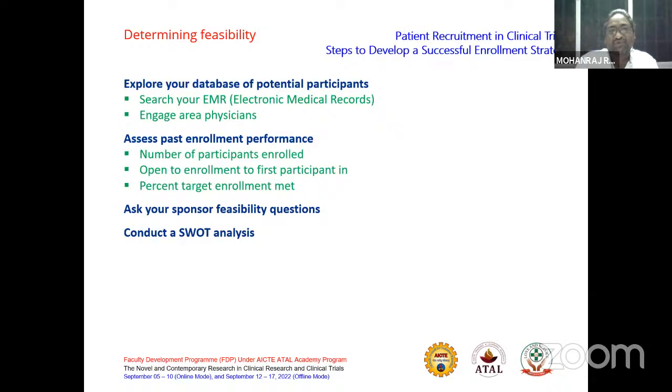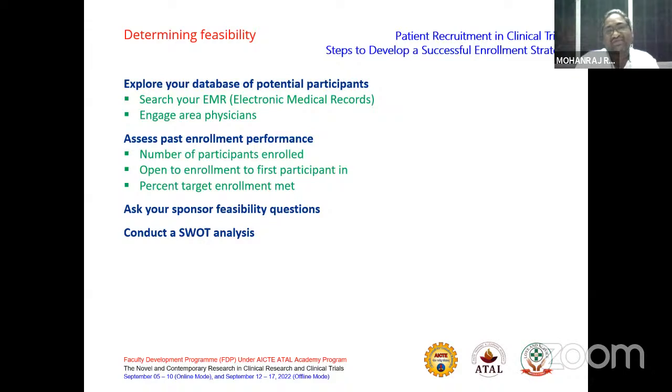We can explore those things. One very important thing in determining the feasibility of clinical research is the organization where the study is going to be carried out, and it is always related to the medical staff and associates involved in the research.